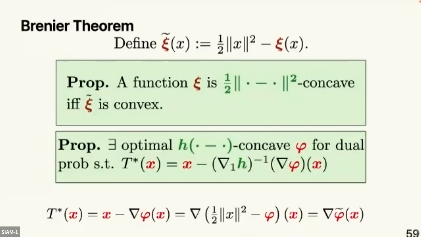The mathematics, this is the Brenier theorem, tells you that you should look for transportation maps that are the gradients of convex potential functions. In essence, whenever I apply the gradient of a convex function to a set of points, I will move them in a way that is optimal.